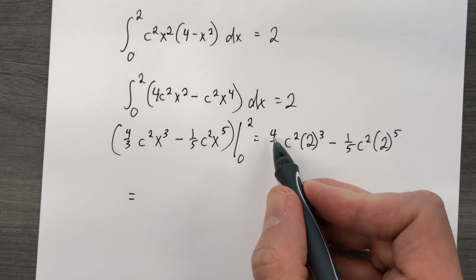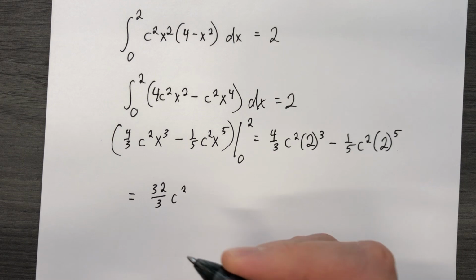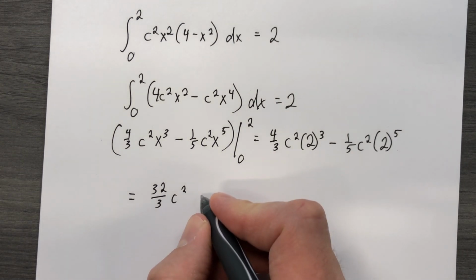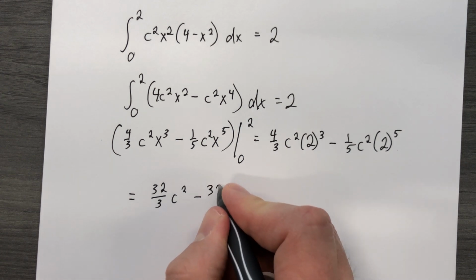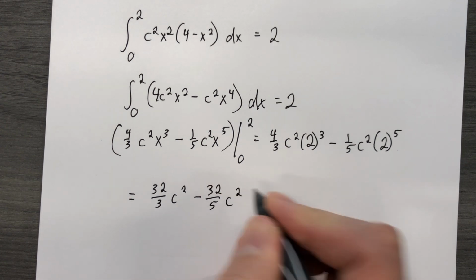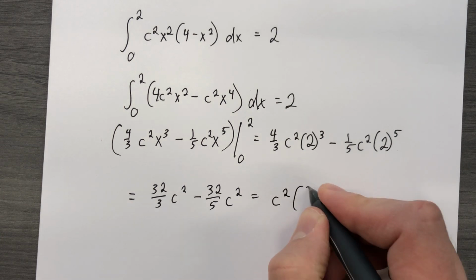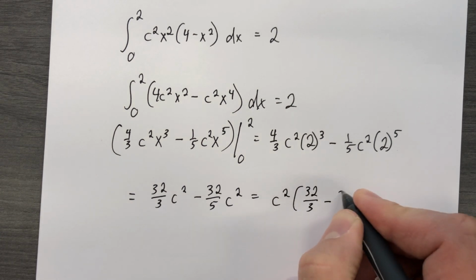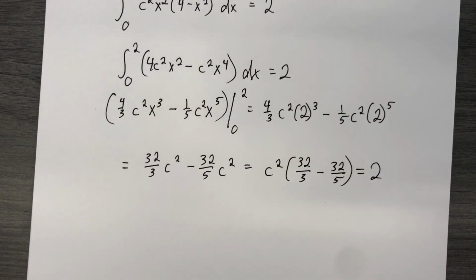So 8 times 4 is 32 over 3 c squared. And this one's going to be nasty, I'm warning you. This is 32 over 5, so minus 32 over 5 c squared. And I'm going to just factor out a c squared. And I have 32 over 3 minus 32 over 5, and that's equal to 2. And we're going to solve it for c.